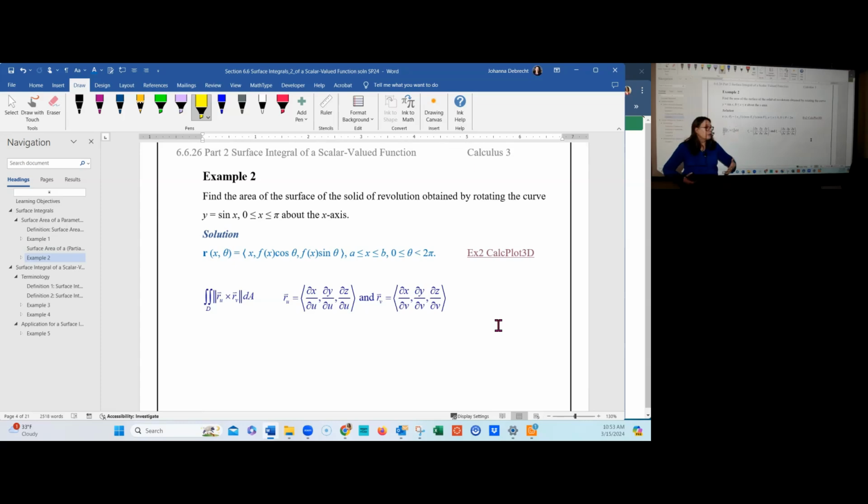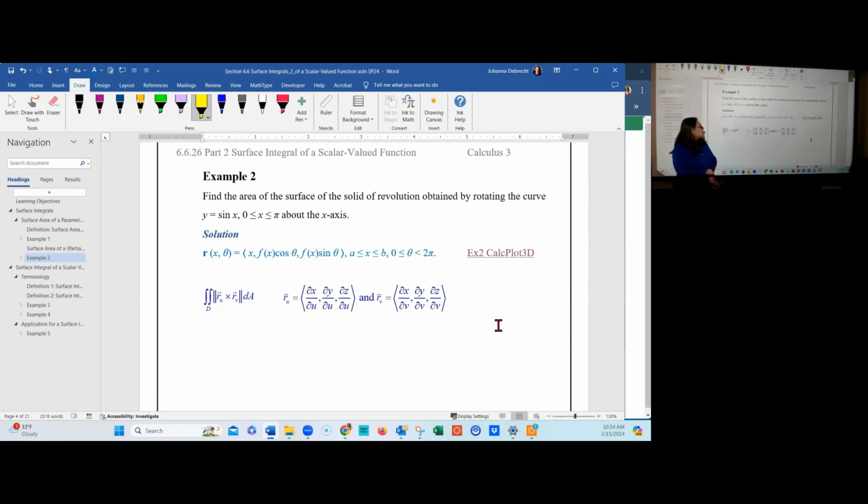If we rotate all the way around, then we want to integrate where theta goes from 0 to 2 pi, and x is going to vary, in this case, from 0 to pi. We parameterize our surface as x, f of x times cosine theta, f of x times sine theta. This is basically r cosine theta, r sine theta, where r is the radius of that disk, which is created by the function value at that point.